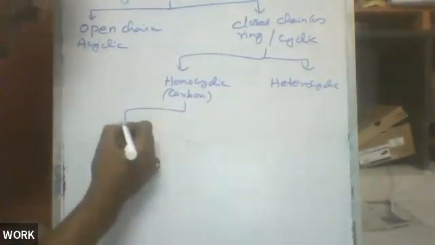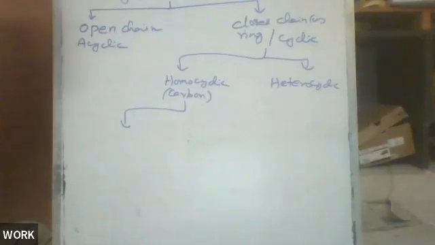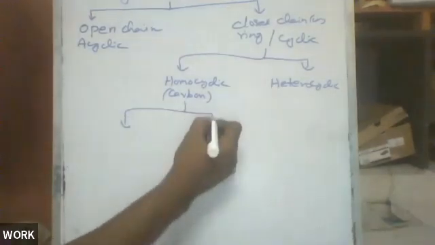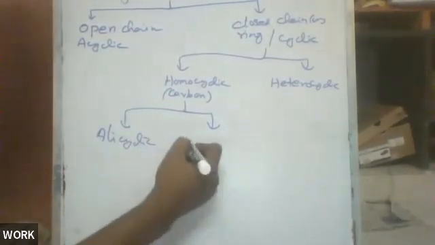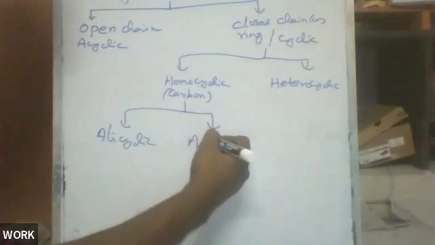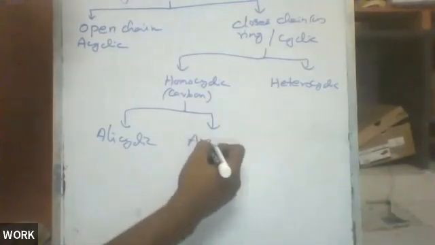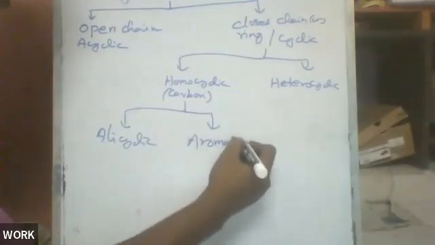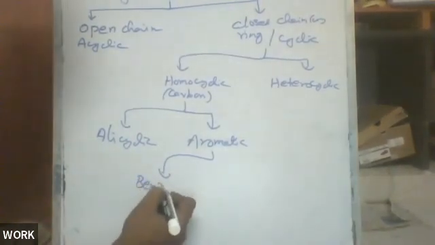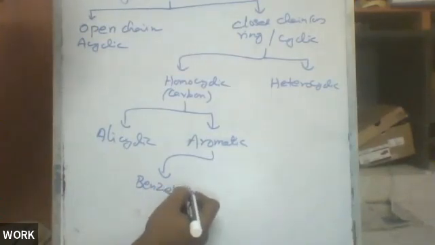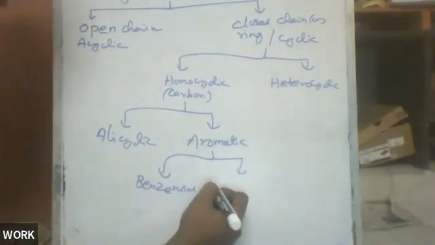Again, it can be classified into two types: alicyclic and aromatic. So aromatic is the benzene type, benzenoid, and then non-benzenoid.